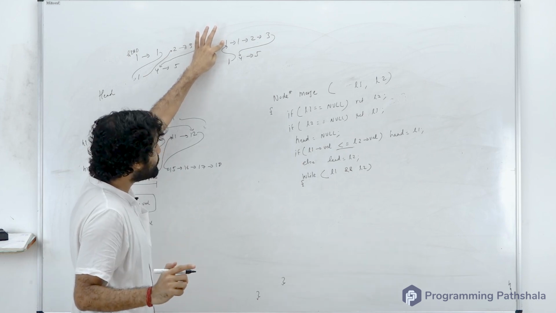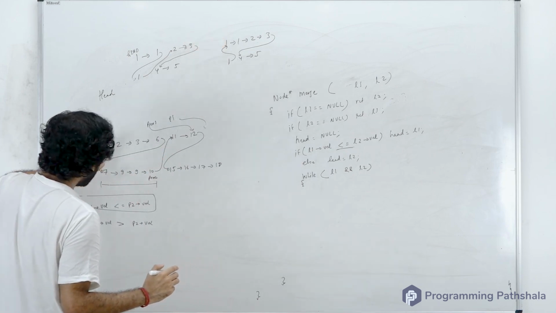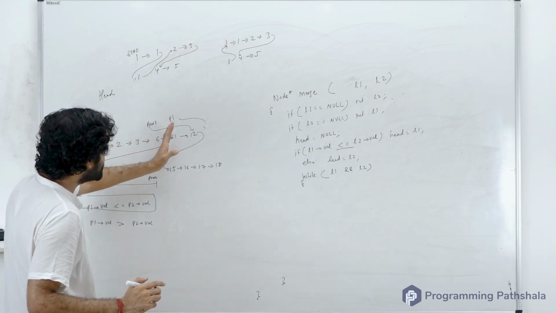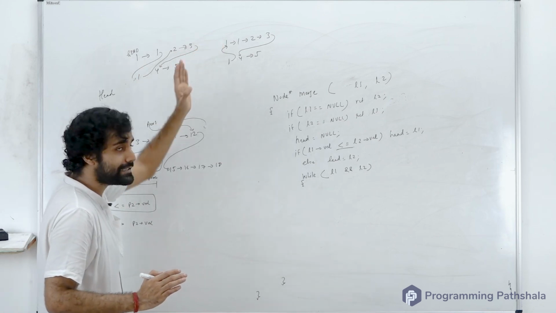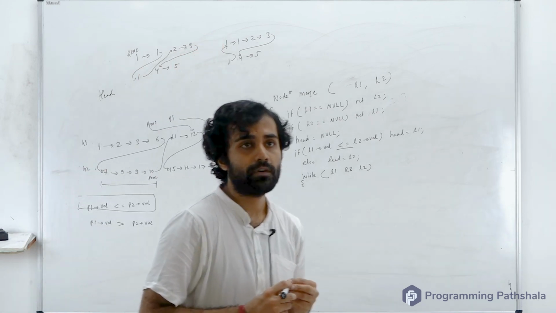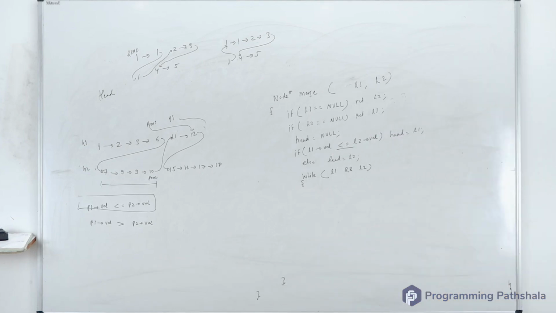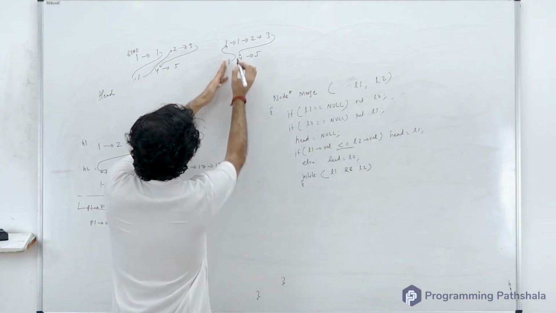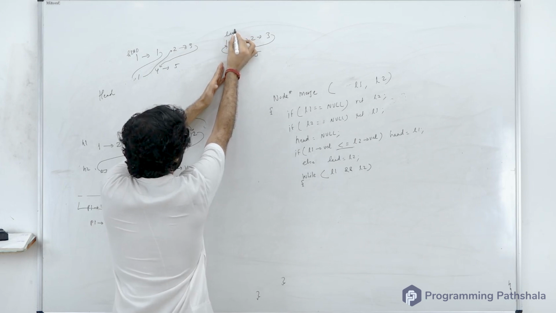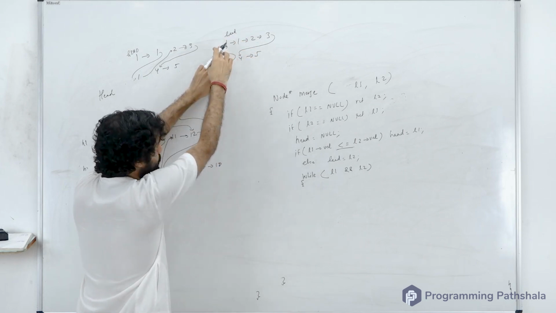So is it safe to first iterate over list 1 when there is equality, or is it safe to first iterate over list 2? On which list would you want to iterate when the head of both of them were equal? Yeah, you must iterate on list 1, because if you iterate on list 2, what would happen is that this thing is your actual head, but you made this thing point to this, right?